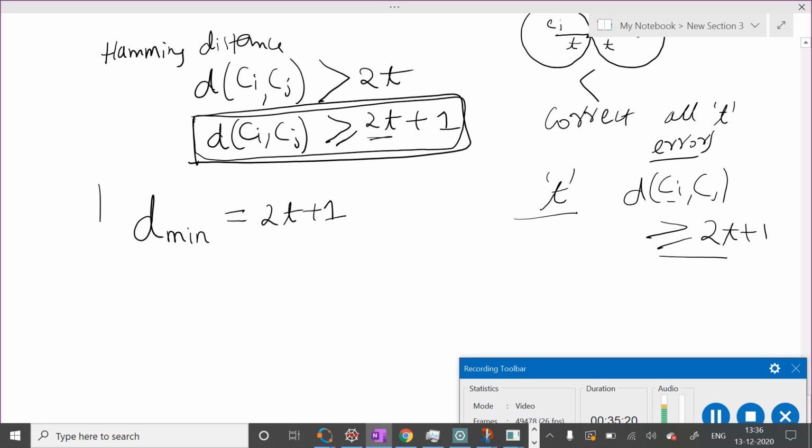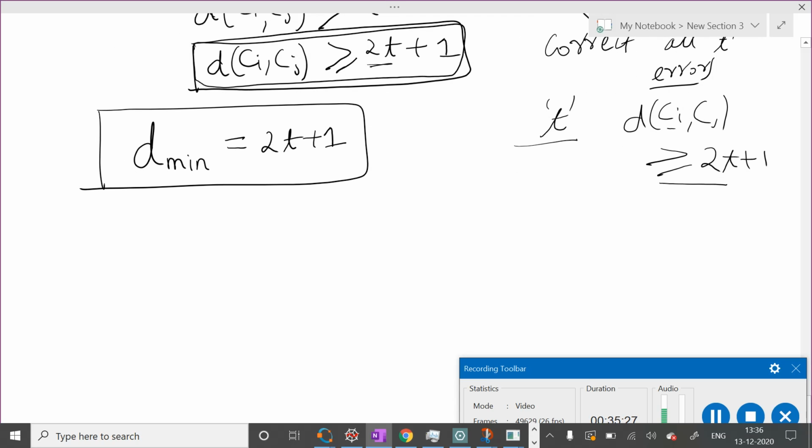That is the significance of minimum distance, right? And if minimum distance is 2t plus 1, then the code can correct all errors, how many? d minimum minus 1 divided by 2. Since this can be fractional also, I will take the largest integer part.